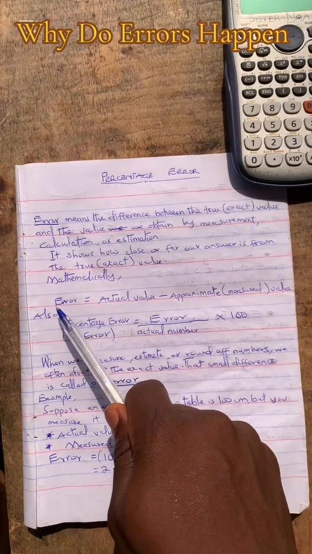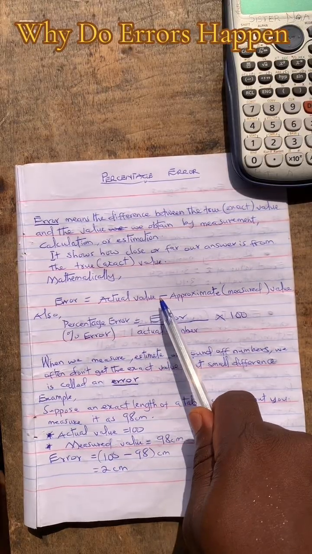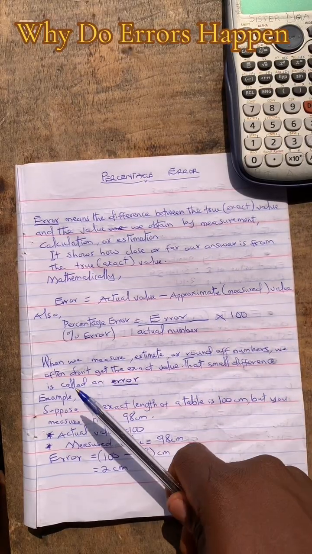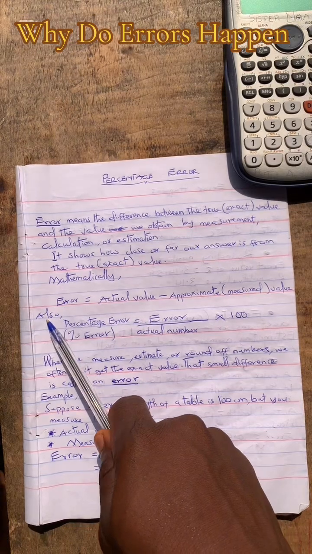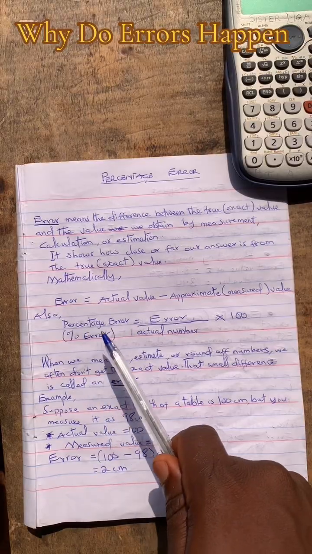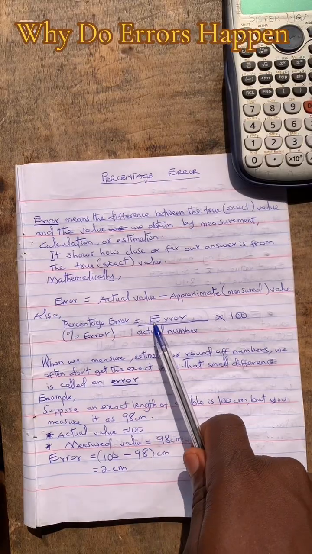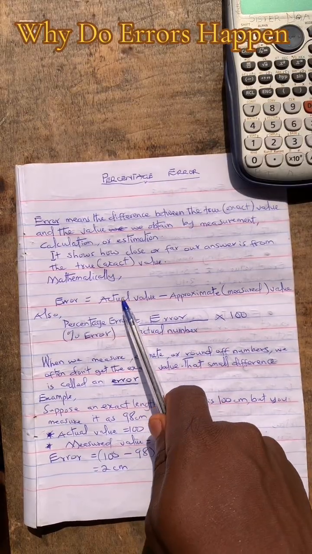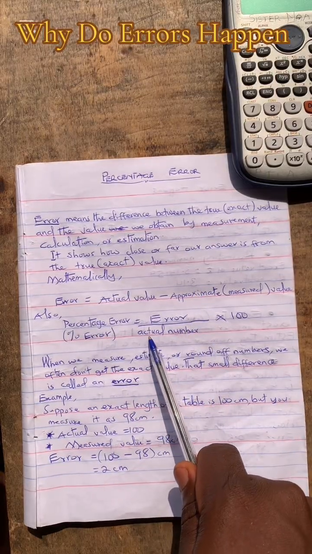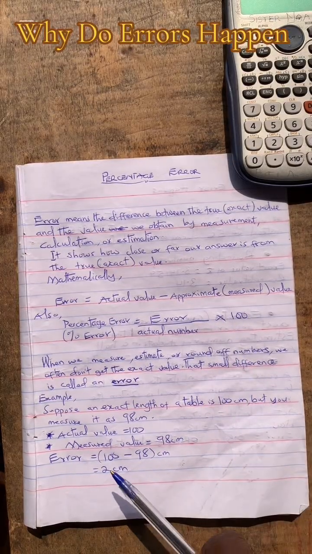Mathematically, error equals actual value minus approximate or measured value. Also, percentage error equals the error out of the actual number, multiplied by 100.